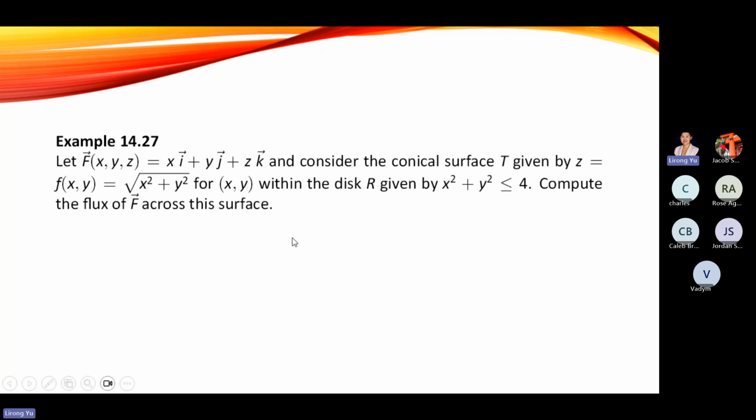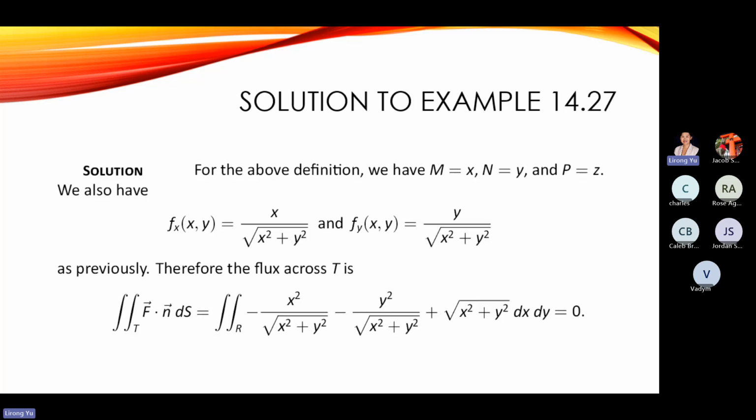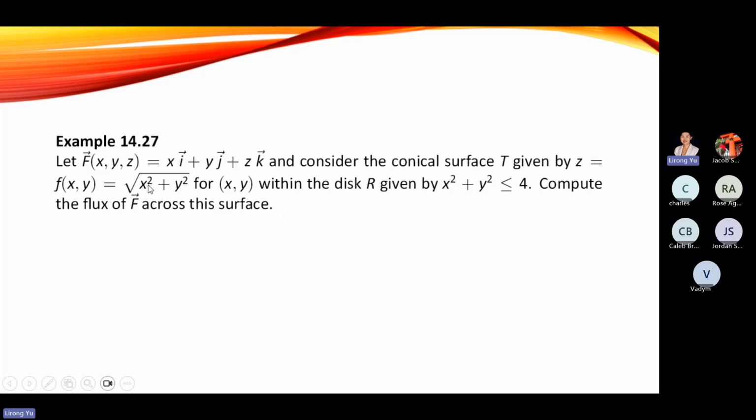Let's see. What we're going to do is identify the surface, find the component of the vector, which is x, y, z, and then find the component of the gradient vector of our surface, which will be negative x over root of x squared plus y squared, and negative y over root of x squared plus y squared.